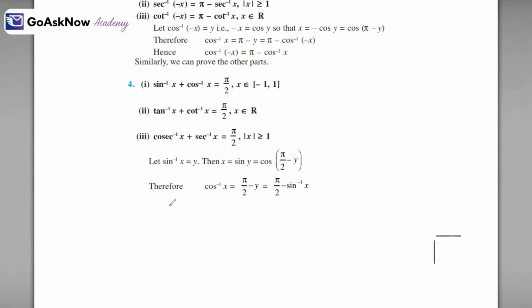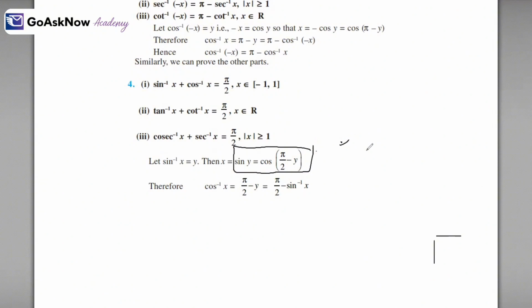So let's assume that sine inverse x is equal to some y. Then x will be equal to sine of y. And that will be equal to cos of pi by 2 minus y. This formula you already know, we have seen it in 11th class.